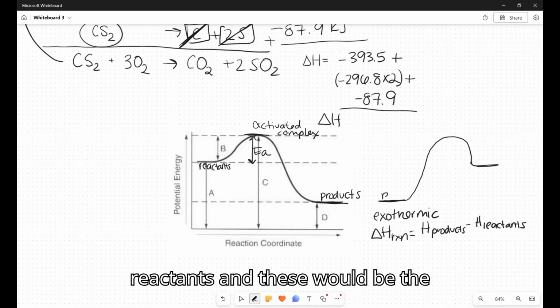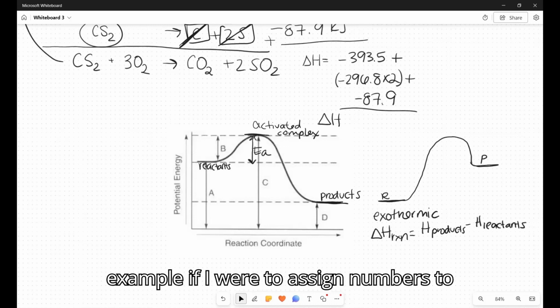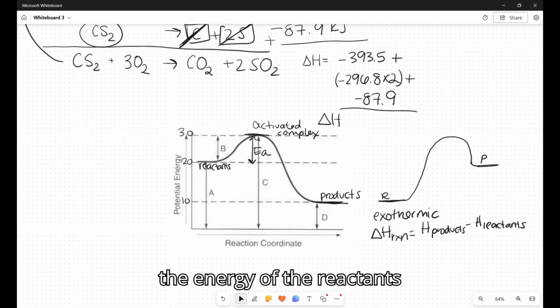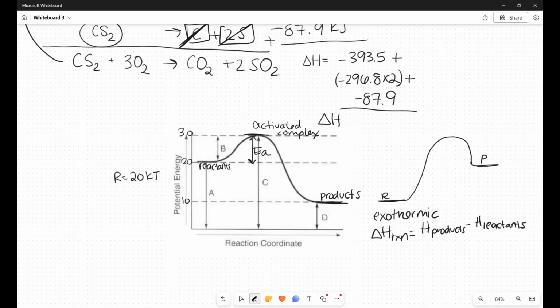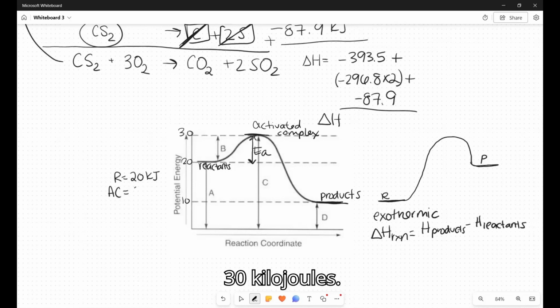Okay, so here these would be the reactants and these would be the products. For example, if I were to assign numbers to these, let's say this is 10, this is 20, and this is 30. Okay, the energy of the reactants would be 20 kilojoules. The activated complex would be 30 kilojoules.